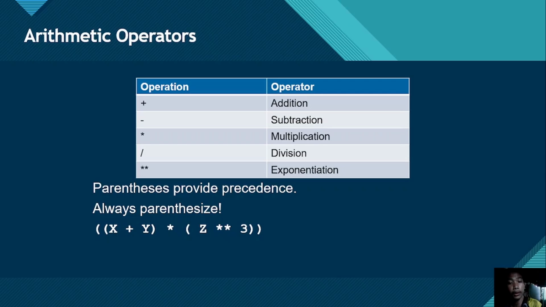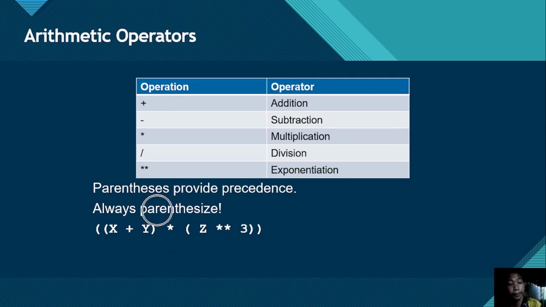So the arithmetic operators used are addition, subtraction (minus), times for multiplication, slash for division, and double asterisk for exponentiation. Parentheses provide precedence. Always parenthesize.